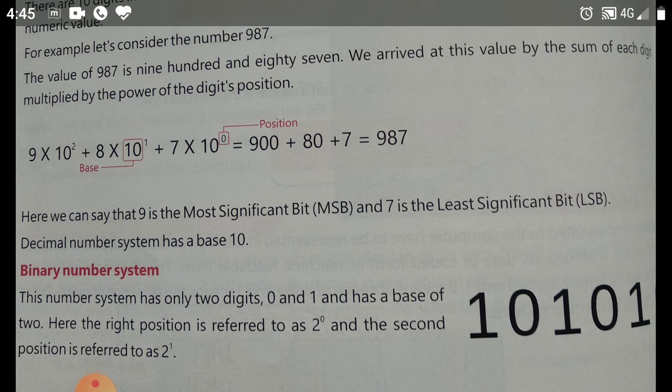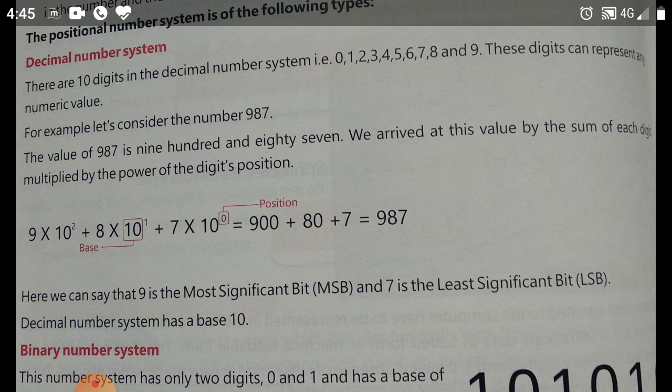Then, what we have discussed in the decimal number system is that the base of the decimal number system is 10. It is made up of 10 digits, 0 to 9.